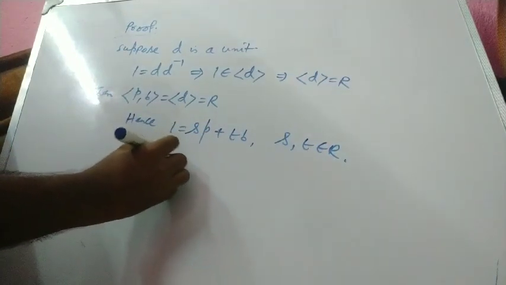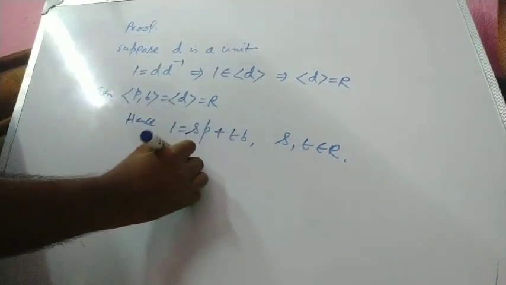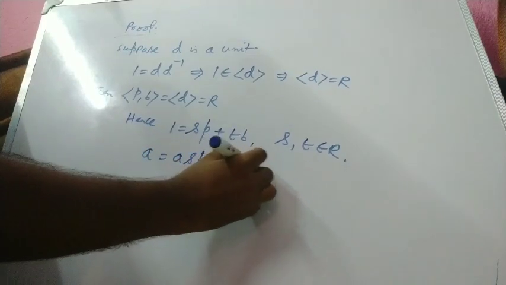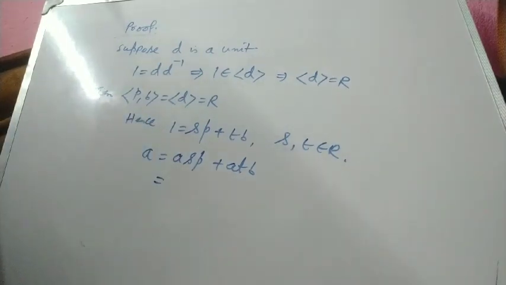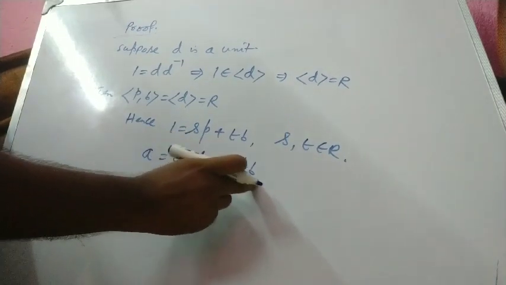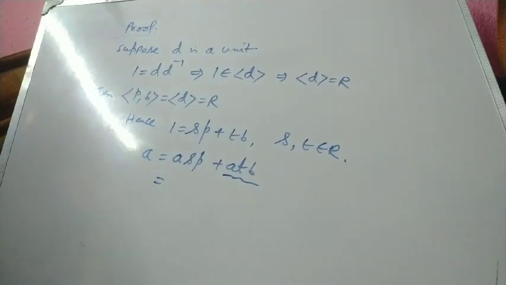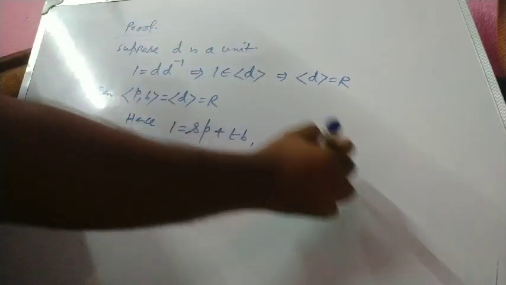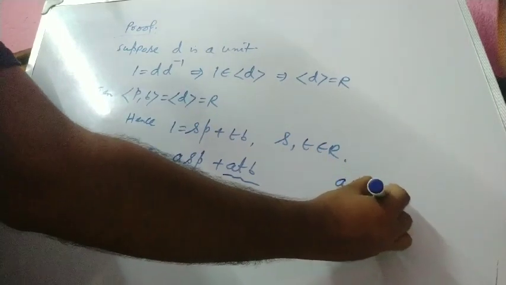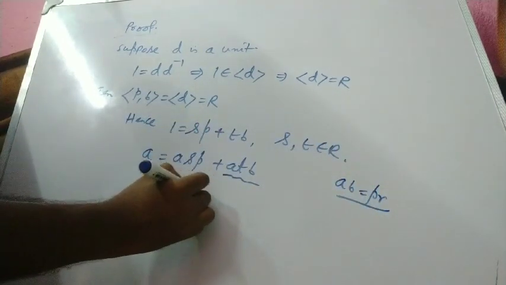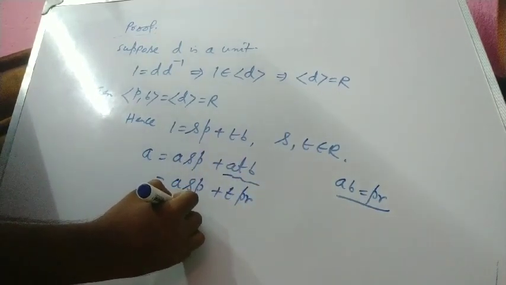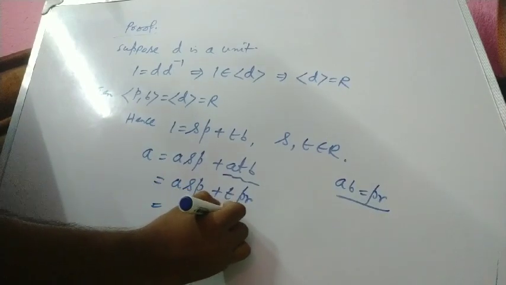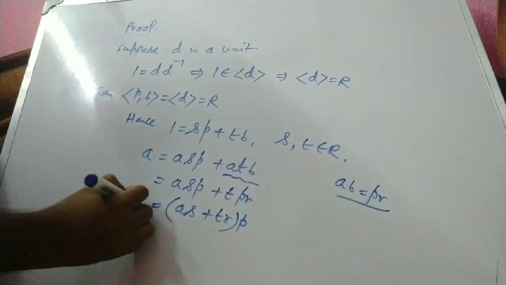Therefore a equals, both side আমি যদি a দিয়ে মাল্টিপ্লাই করি, তাহলে asp plus atb. ওকে, তাহলে আমি অ্যাকচুয়ালি কি পাচ্ছি? এখানে তোমরা দেখো যে কোনোভাবে কিছু ম্যানিপুলেট করা যাচ্ছে কিনা। আমাদের দেখো প্রথমের দিকেই আমরা ab সমান লিখেছিলাম pr, তাহলে এখানে আমি এখন pr বসাবো, তাহলে asp plus tpr. ওকে, দেওয়ার পর আমি পেয়ে যাচ্ছি (as plus tr) times p is equal to a.